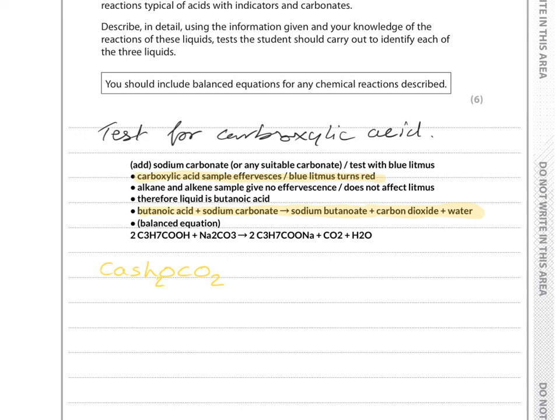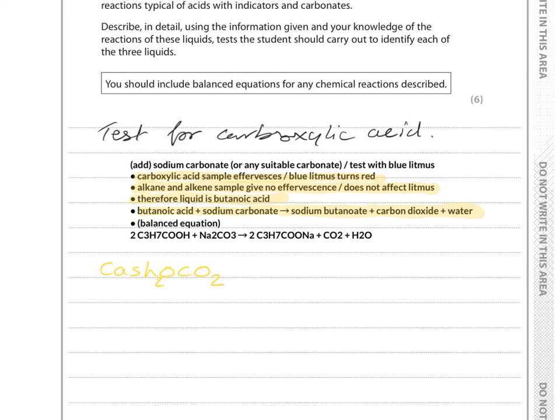So you need to say that the reaction fizzes with the acid, but it won't fizz with your alkene or your alkane. They don't react with the indicator because they're neither acid nor alkali. They're neutral, and they do not fizz. And therefore that's a positive identification for butanoic acid, that it fizzes when you add the carbonate.